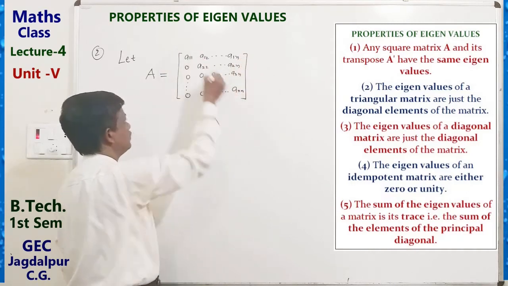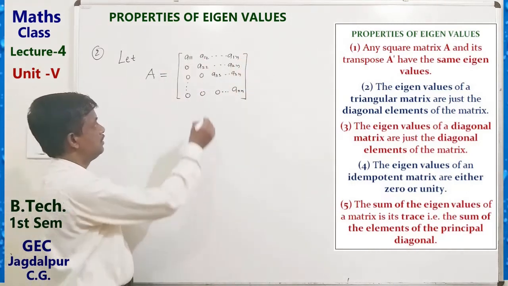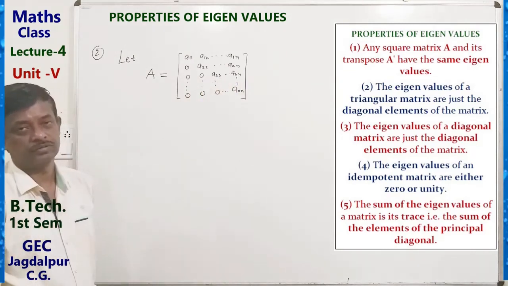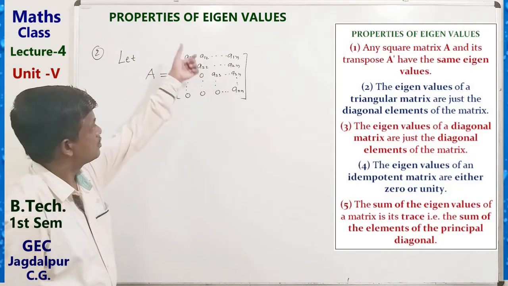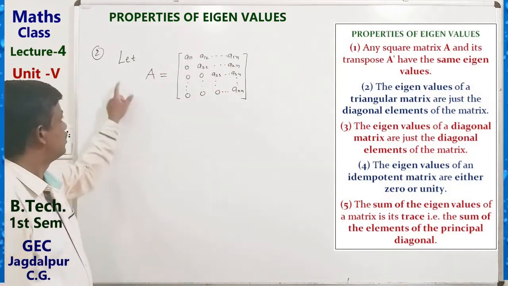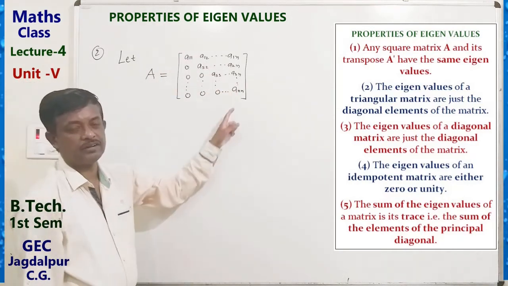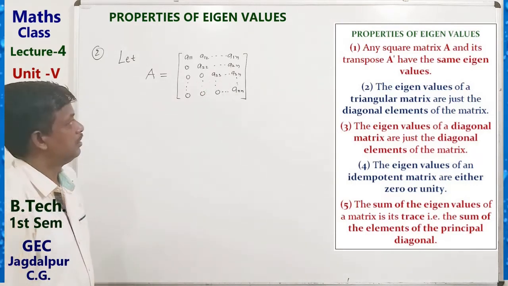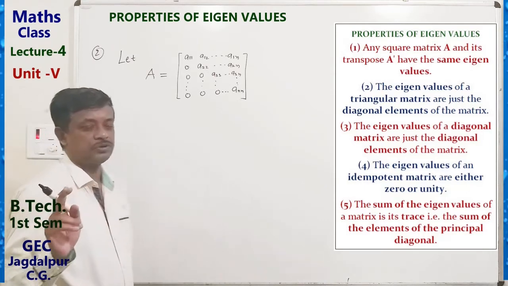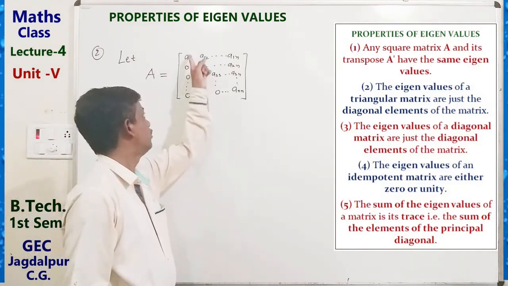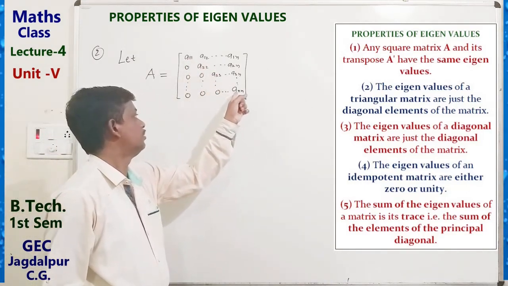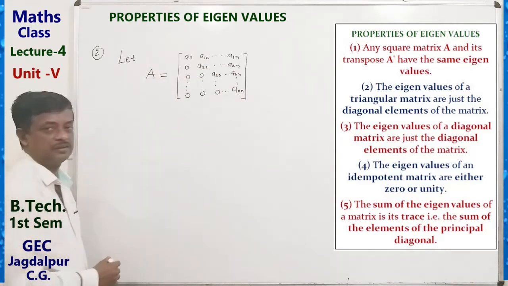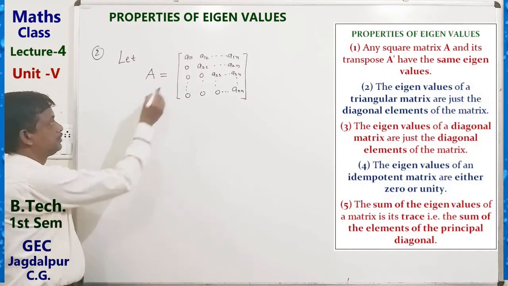Like this, one side elements are 0, so it is a triangular matrix. So let A be an n by n upper triangular matrix. We have to show that its eigenvalues are a11, a22, a33, up to ann, these diagonal elements.